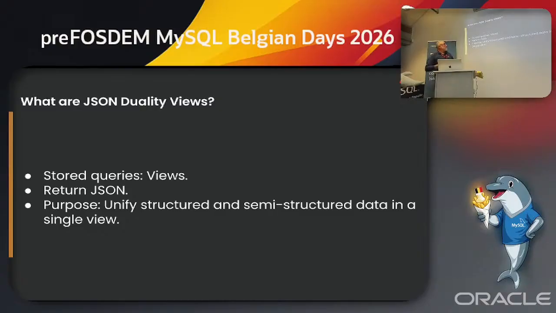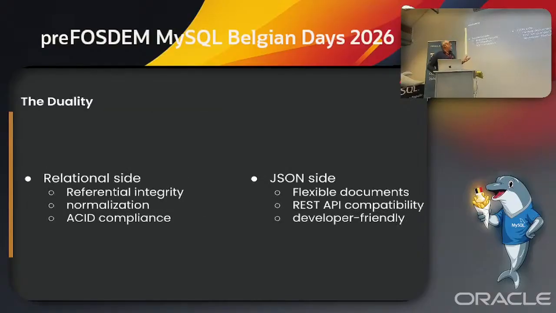The idea is to unify structured and semi-structured data in a single view. We can create tables with a structure, and then retrieve that structure as a JSON document. So this brings both worlds.